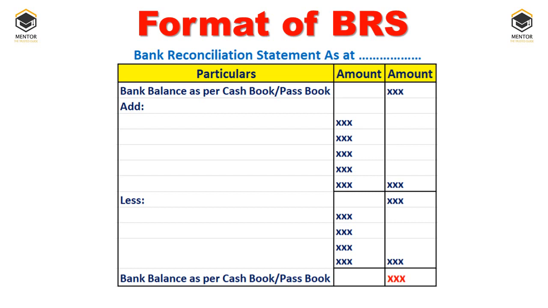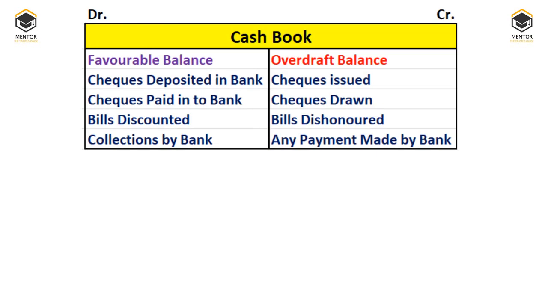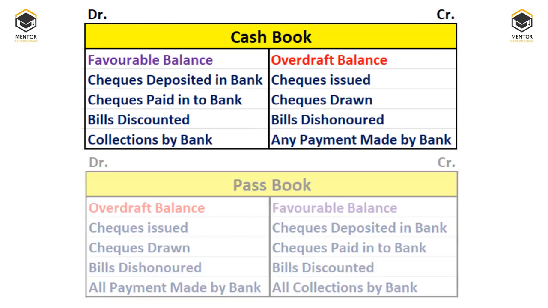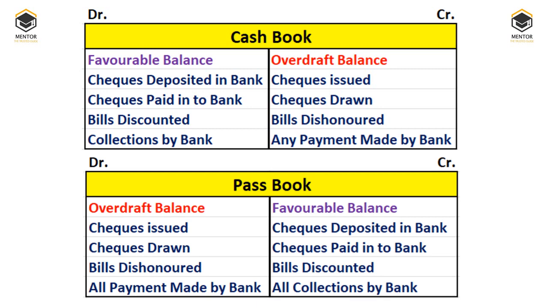So let's take up the problems. Before that, we will understand what exactly the cash book and passbook are, and how entries are written in them. As you are already aware, I explained in video 1 that the cash book is always maintained by the businessman, that is, the owner of the business or accountant, whereas the passbook is maintained by the bank, right?